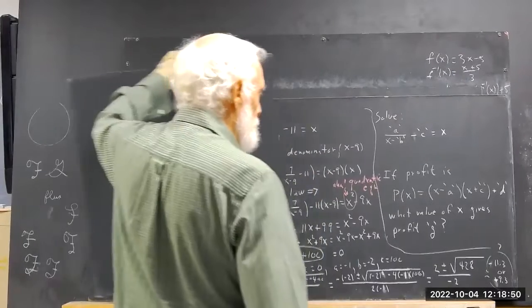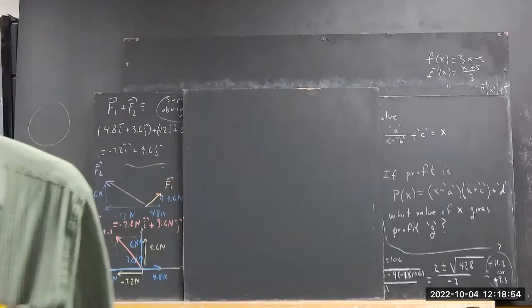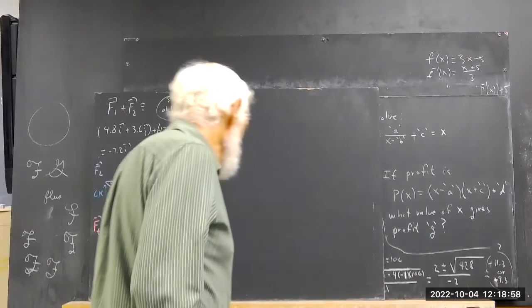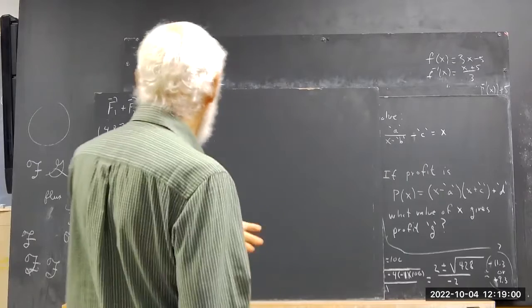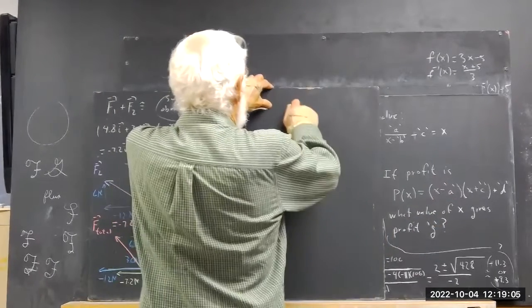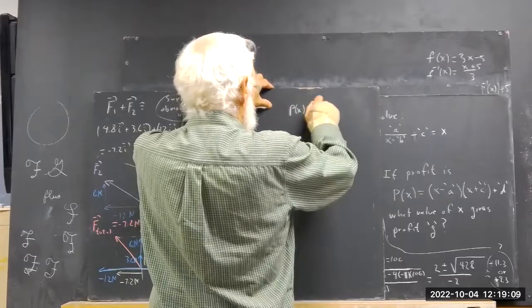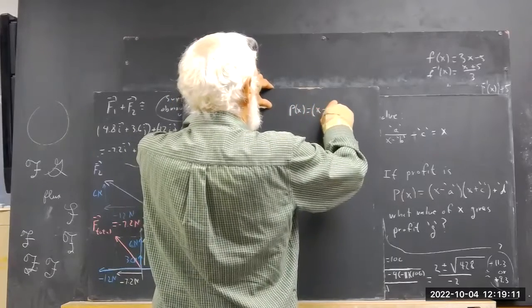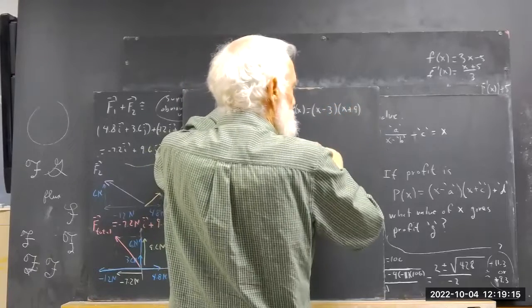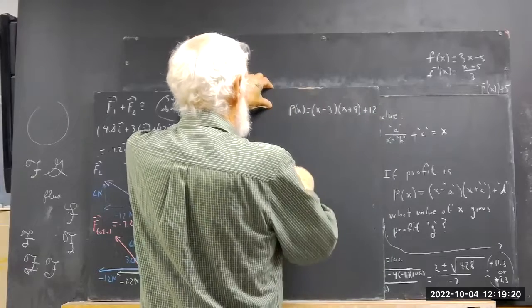Okay, for this second problem, where'd my chalk go? Okay, for the second problem, P of x equals this. Oh, well, okay, so P of x equals, let's say, x minus 3 times x plus 9 plus 12.